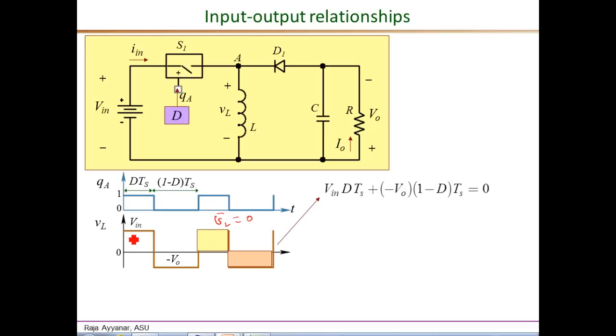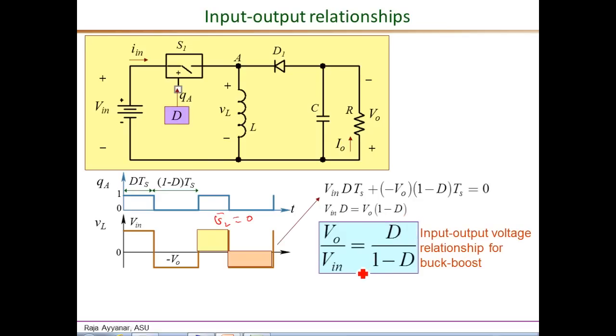During the on interval, magnitude is Vin, the duration is DTS, and during the off interval, the value is minus VO, and the duration is 1 minus D times TS, and the sum is equal to 0. And if we collect the terms Vin and VO separately, Vin times D equals VO times 1 minus D, which gives us the basic relationship, which is for a buck boost, VO over Vin equals D over 1 minus D, where D is the operating duty ratio.